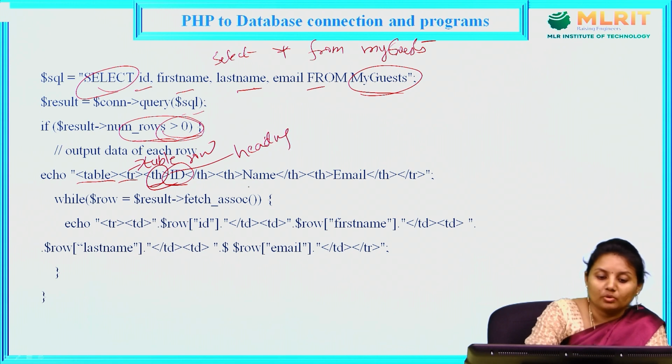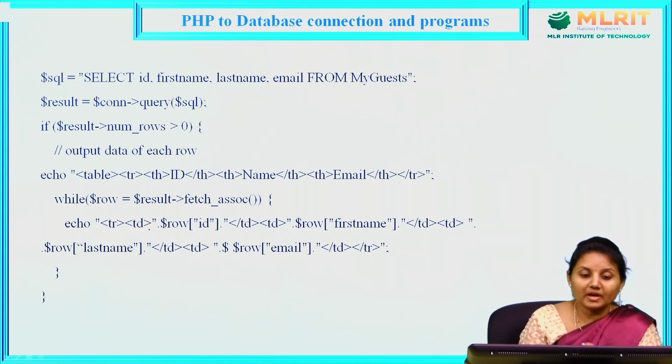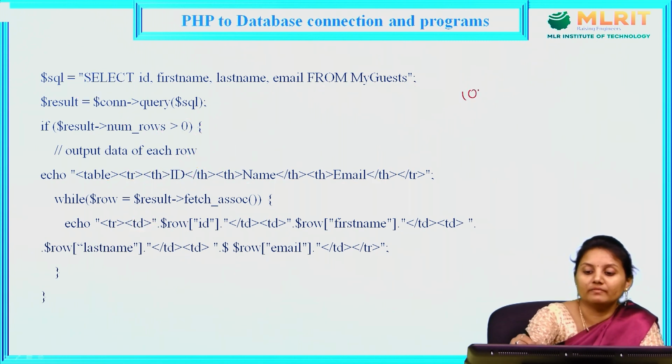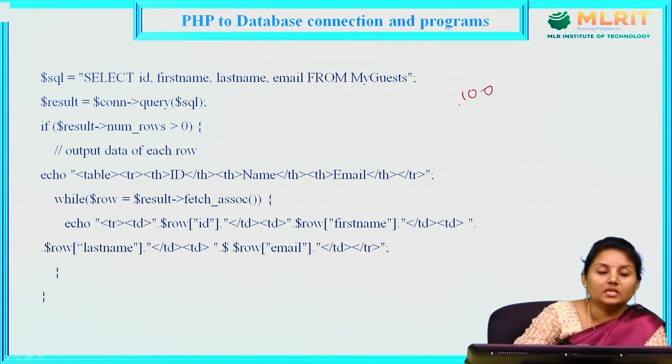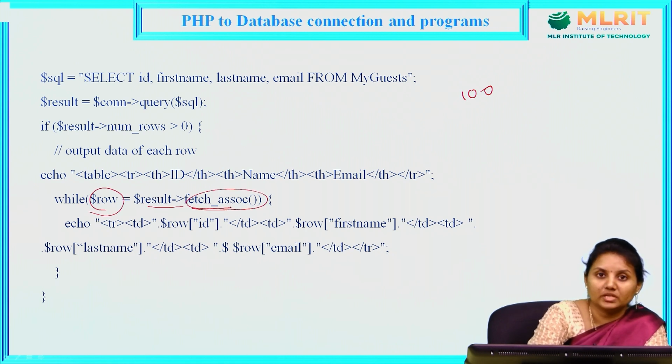Okay. So, name, email. Since these are the headings, you are getting these things, and if it is TD, then you have to fetch whatever values you have inserted. Say you have inserted ID as 100. So, that ID should be retrieved here, right? So, to retrieve that value, while $row is result fetch associate. Okay.